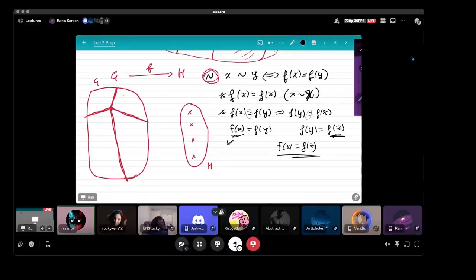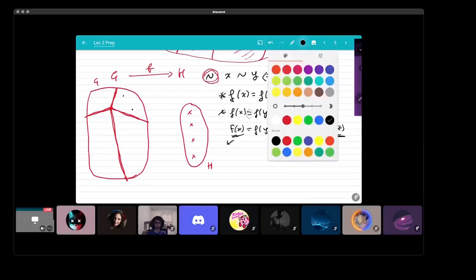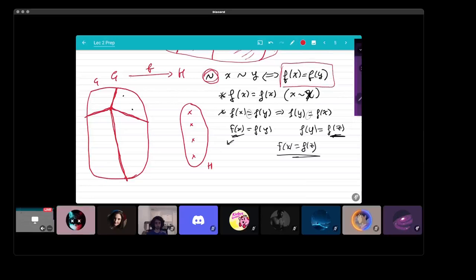If I take two elements in the same area, by how I define the equivalence relation in the beginning, they have the same image through F. It means they get sent to the same element.